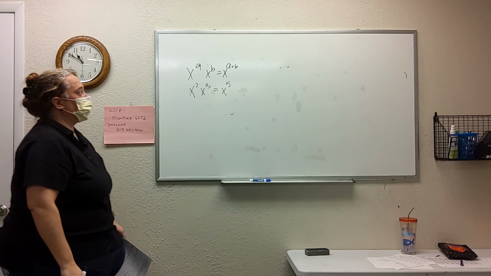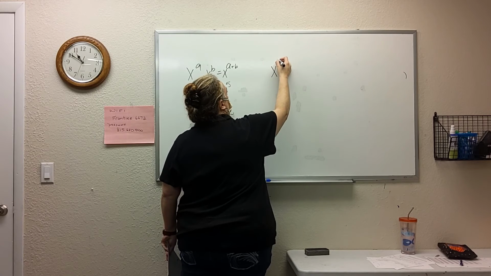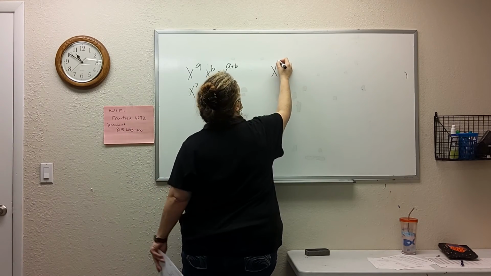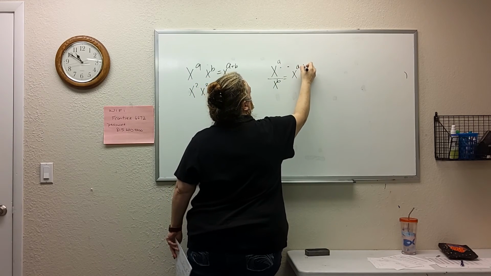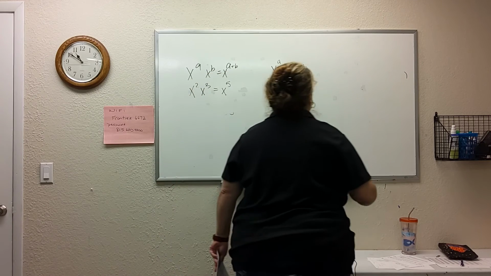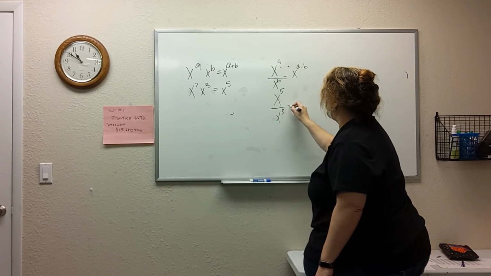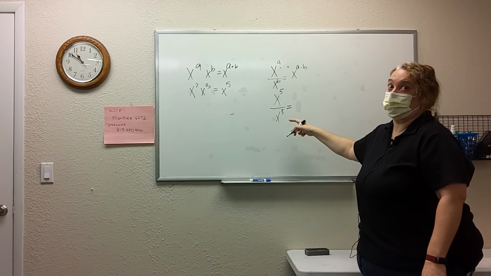If we add our exponents when we multiply, what must we do when we divide? So if we have x to the a over x to the b, then this is going to be a minus b. So if we have x to the 5th over x to the 3rd, we're going to subtract our numbers.